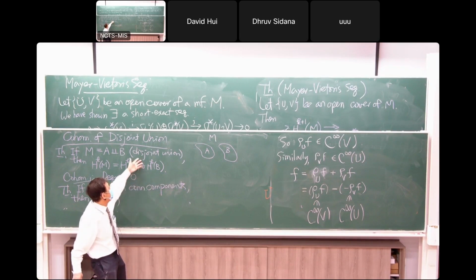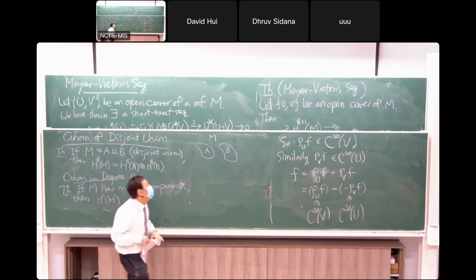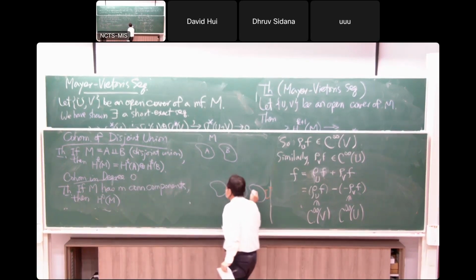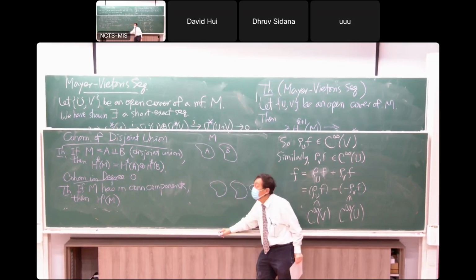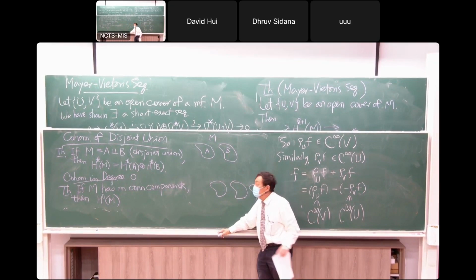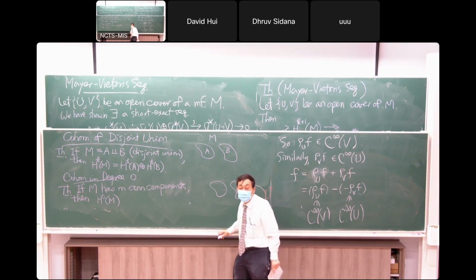You can generalize this to K connected components. But in higher degrees, we don't know what the cohomology of each component is except in degree zero.